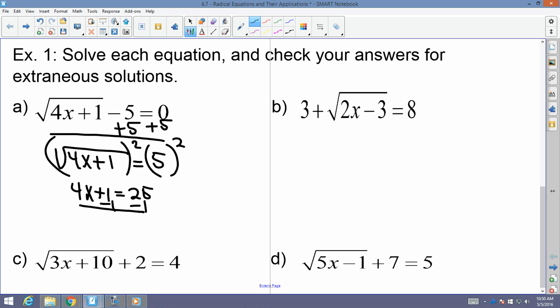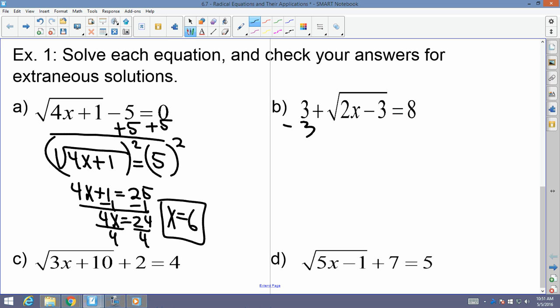Subtract the 1 from both sides. 4x equals 24. Divide by 4, and x equals 6. Excellent. Now you can plug it in. 6 times 4 is 24 plus 1 is 25. Square root of 25 is 5. 5 minus 5 is 0. It works.